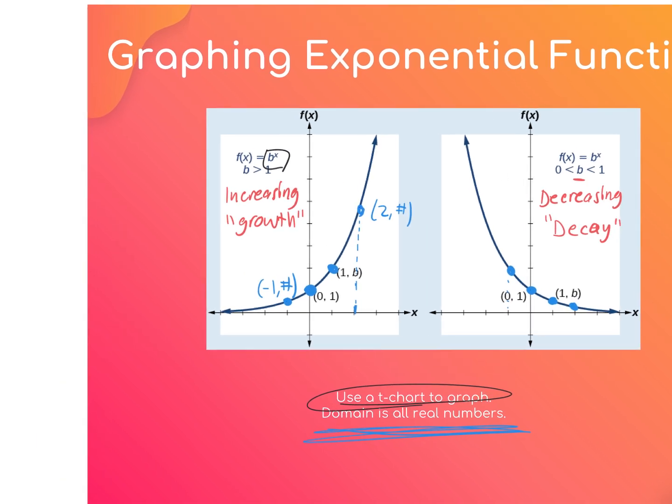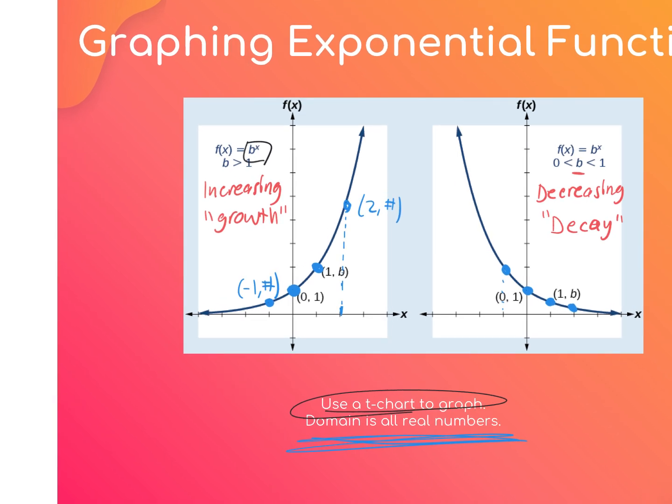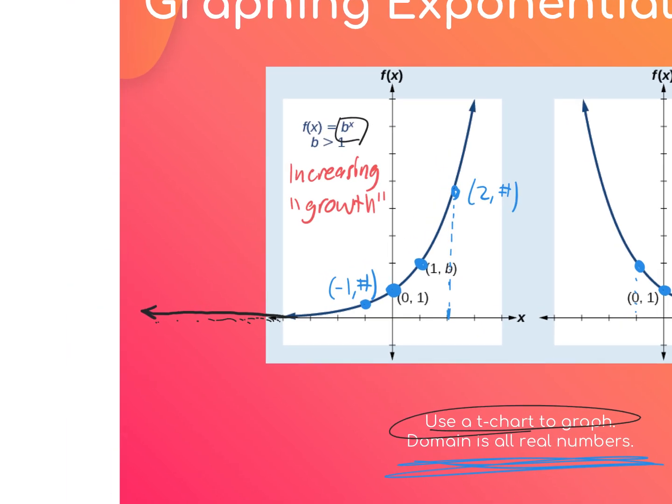And it's kind of hard to see from these images here, but if you extend this line, this arrow going this way forever and ever, you see that it kind of hugs the x-axis, right? It's never going to touch it or cross it. This gives us something that we call an asymptote. Right, and I'll give you a quick little vocab word.